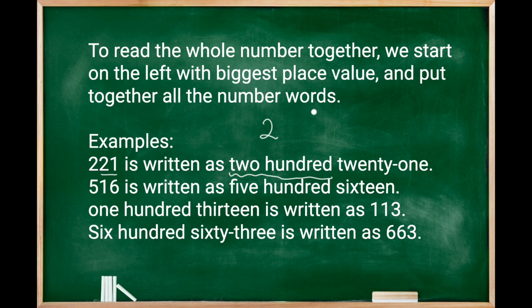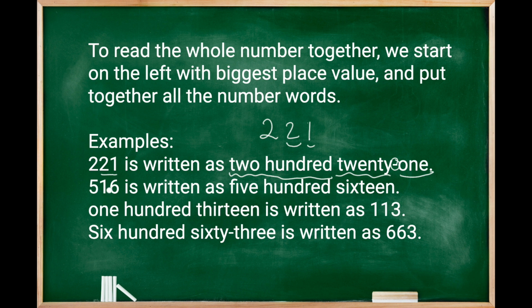It's 21, 2 in the tens place, so we call this number 20, and then put a dash, and then we call the next number 1 as a 1-digit number.